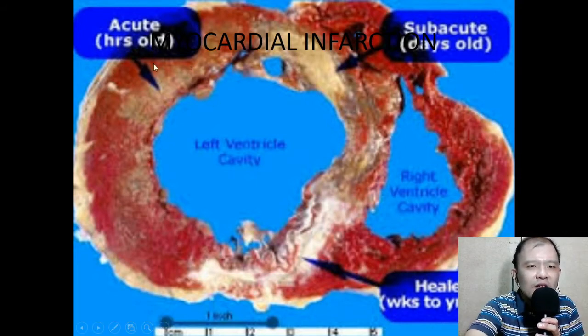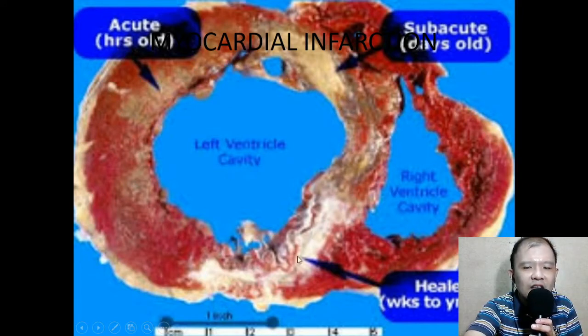Okay, so in the acute areas you have dark. And if you compare it to areas that already are chronic and those that are healed, it's lighter. So here is a case of acute myocardial infarction.